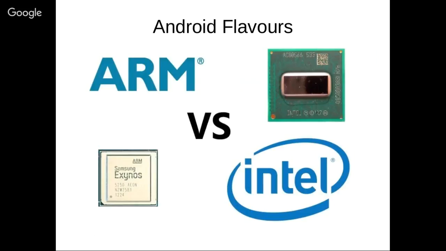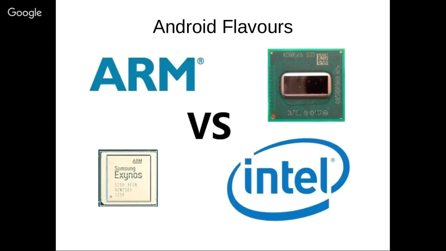If you have an old computer at home that you're not using, it can run Android as a desktop environment. You can use that as an alternative operating system. So those are the two dominant silicon vendors running Android as a platform.